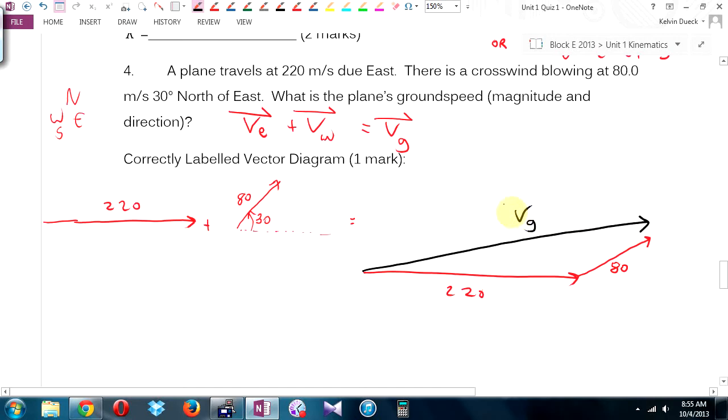There is the ground velocity, the ground speed. Got a small problem. Jordan, my friend, how big is this angle right here?